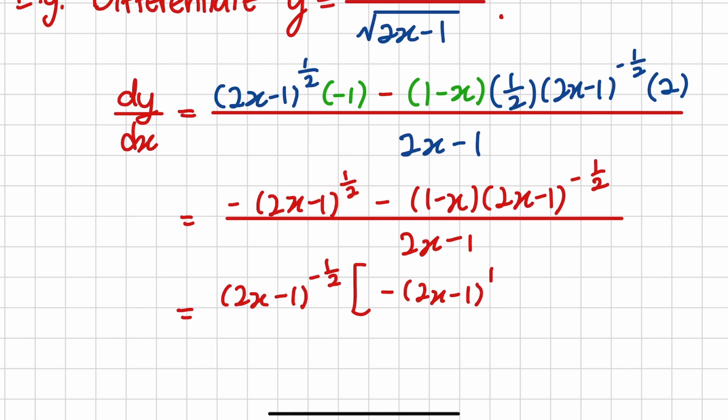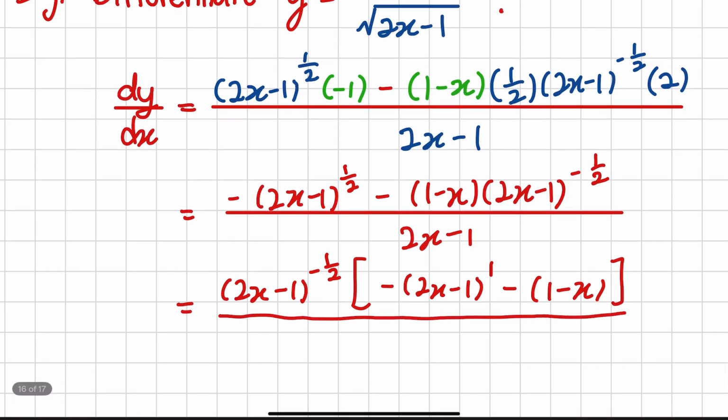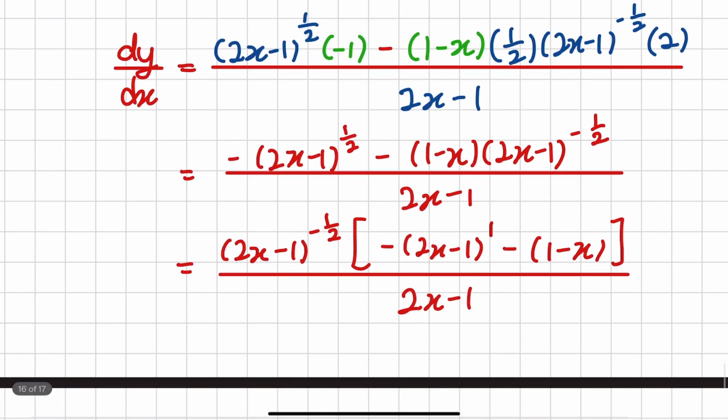Then minus away this second term, I'm left with 1 minus x, so this will be minus away 1 minus x, close bracket. Then the whole thing over 2x minus 1.